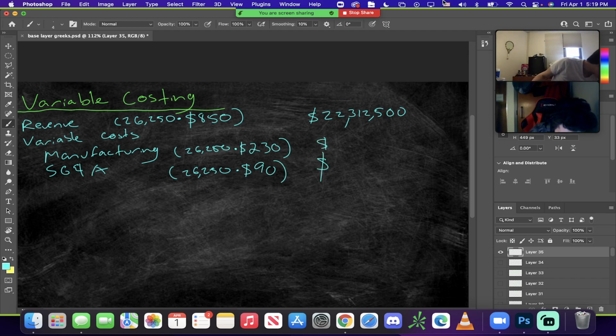I'll pull out my calculator too. I'm guessing the 230 is just the other ones added up. Yeah, you add them all up and multiply. Let me just do the math.